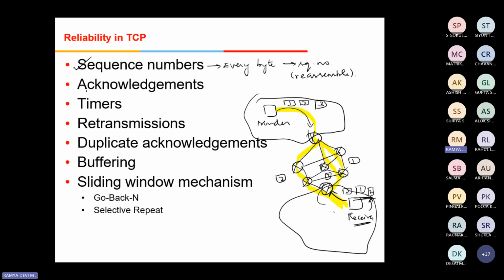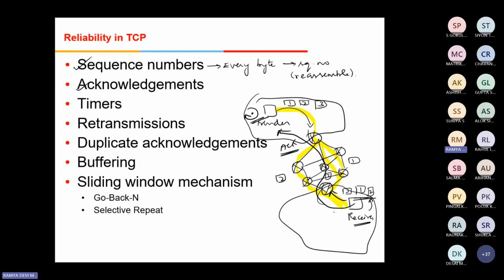Okay, the next one is acknowledgements. After receiving the data, what is the responsibility of the receiver? The receiver has to send the acknowledgement, ACK. Immediately after sending the packet, the sender will start a timer.